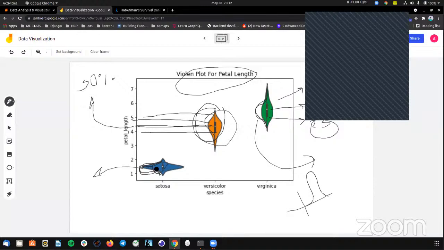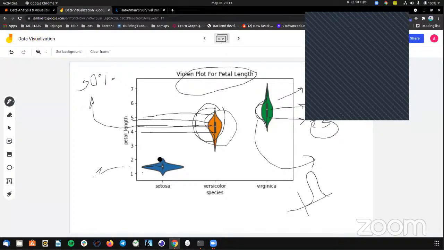Let me erase it. You can see what the mean value is here, right? So this is nothing but a combination of your box plot and your density function.